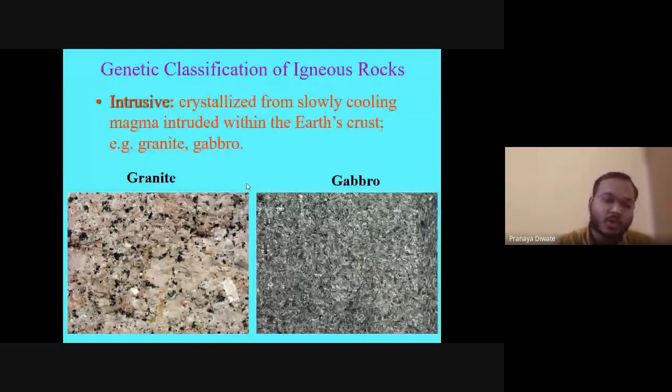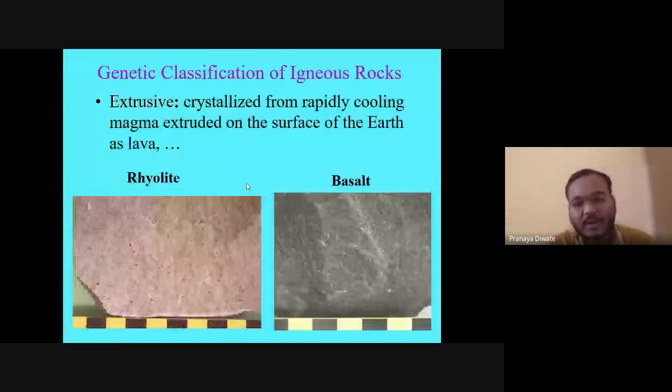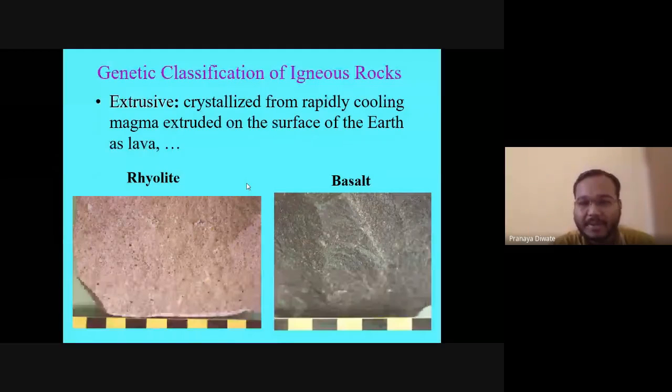Whereas, how is extrusive rock formed? Extrusive rocks are formed when they crystallize on the surface, due to the quenching process. What is meant by quenching? Just imagine there is a lava flow which suddenly comes in contact with water.